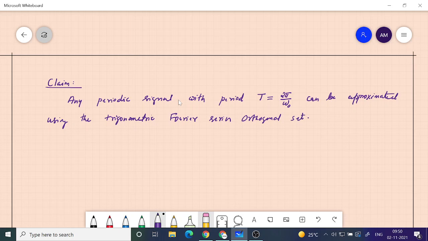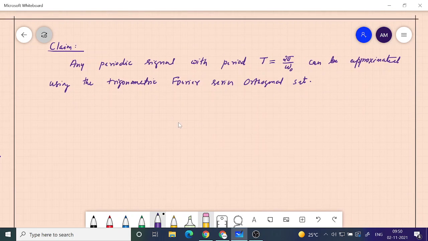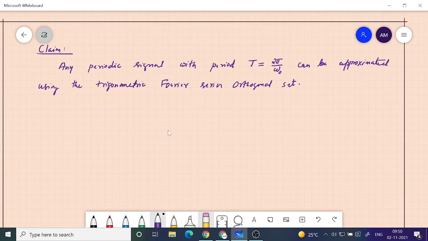And the best approximation, so we have to define the constant. Let us define the constant.